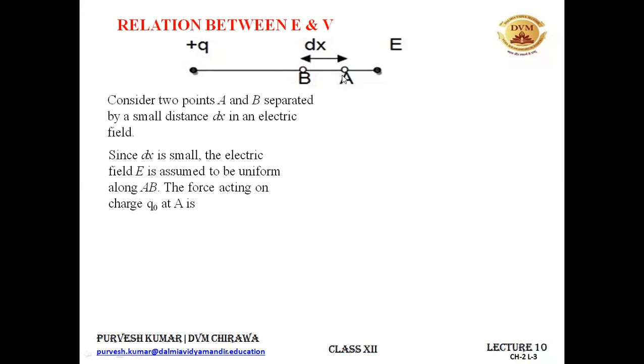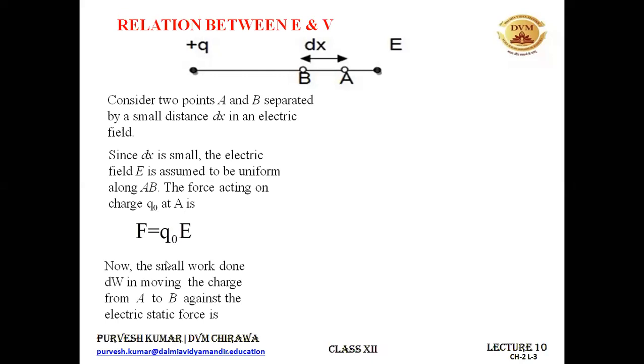It means that since A and B are very close, whatever the value of electric field at A, the same will be the value at B. The force acting on a charge Q naught placed at A will be Q naught into E. We know the force can be derived by multiplying the electric field with the charge present at that point. So the force on the charge Q naught at A can be written as F is equal to Q naught into E.